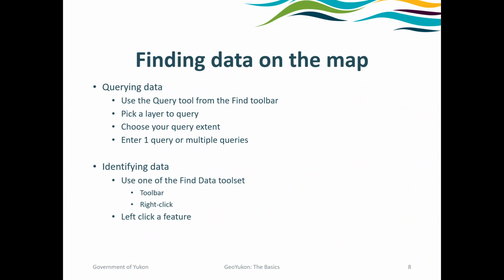So this is very handy if you're looking for a specific piece of data with certain attributes. The example I like to use is if you're looking for land parcels and you want to query a certain area, so you want to bring up all the data that meets a certain specification, say land size.